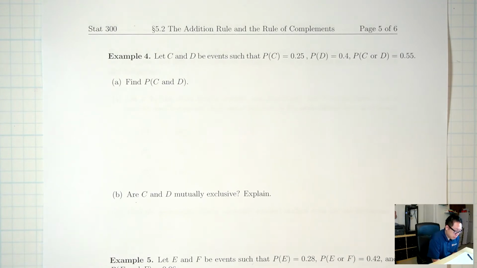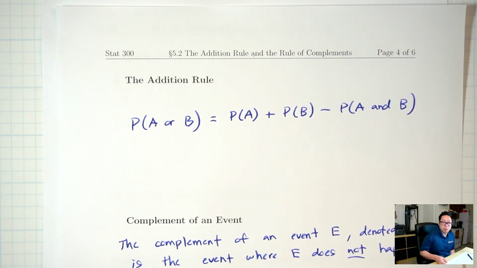Example 4. Let C and D be events such that P of C is 0.25, P of D is 0.4, and P of C or D is 0.55. Find P of C and D. I'm not giving you a table of counts, so you have no choice but to use the formula, the addition rule.